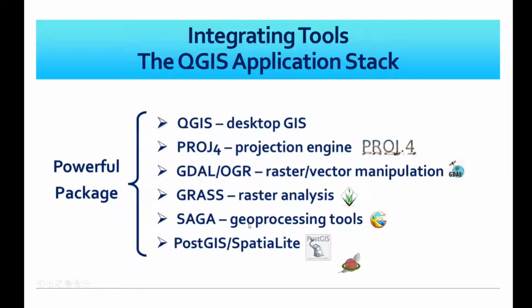So you can use QGIS basically as a front end to access all the functionality in these other software. Makes it very easy. There's also some spatial databases where you can store your data in an enterprise database. And so these are also incorporated with QGIS as well, PostGIS and SpatiaLite. And when you combine all this together, it becomes a really powerful package.